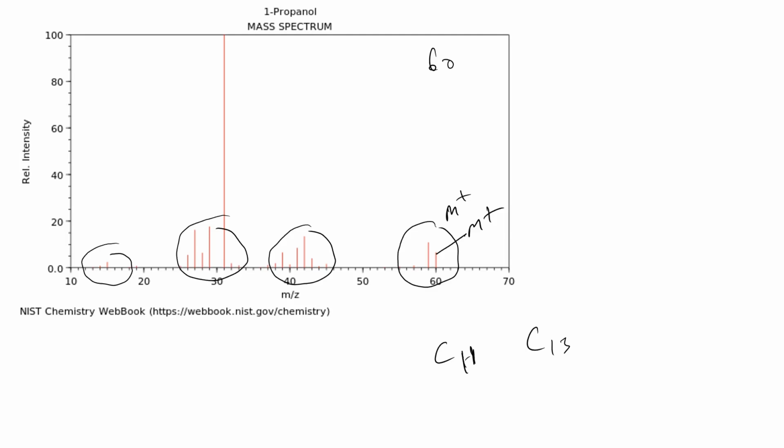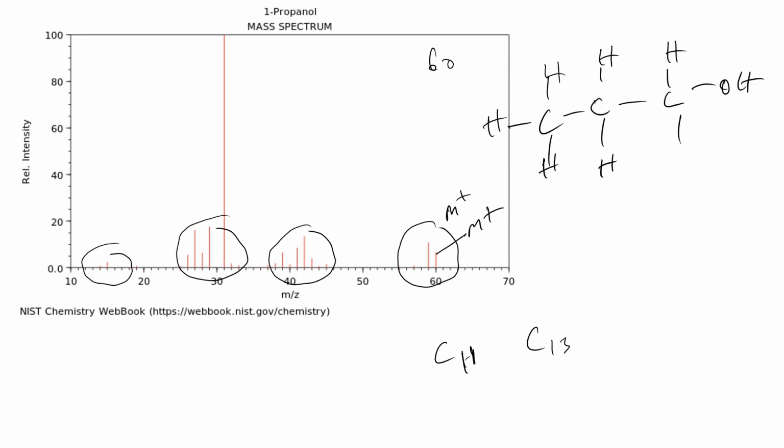Now let's draw the structure of 1-propanol. Okay, so propanol is CH3, then CH2, then CH2, then OH.